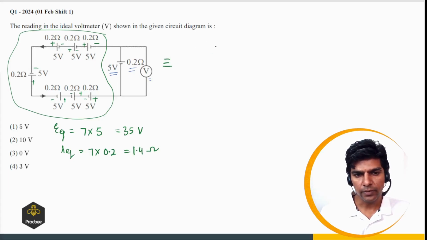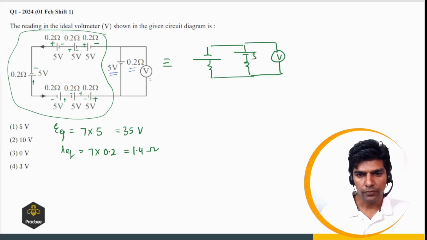So this circuit can be replaced as a single battery which is in parallel with another battery, and here we have the voltmeter. So this is 5 volts, this is 0.2 ohms, and it is 35 volts, and this resistance is 1.4 ohms.